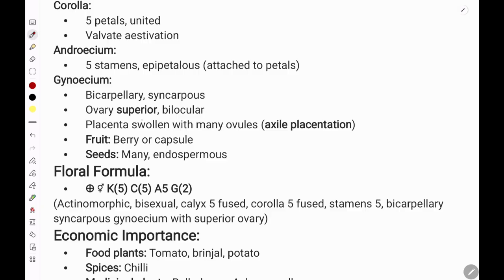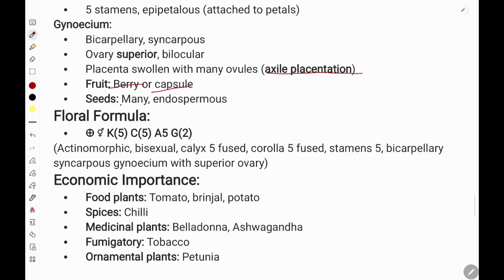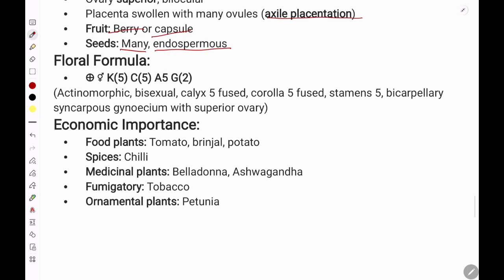Ovary superior, bilocular, placenta swollen with many ovules, which means they have axile placentation. Examples of fruit are berry and capsule. Seeds are many and endospermous.